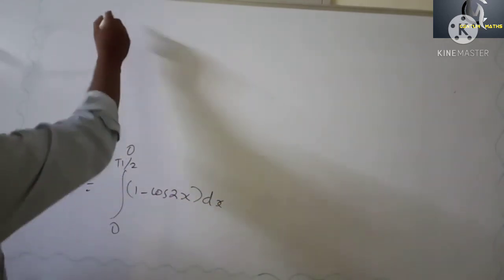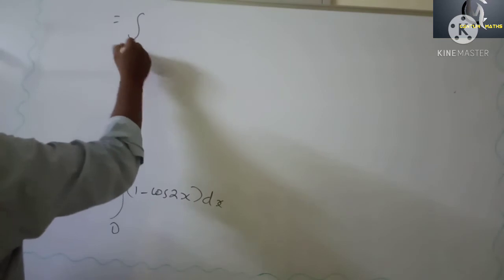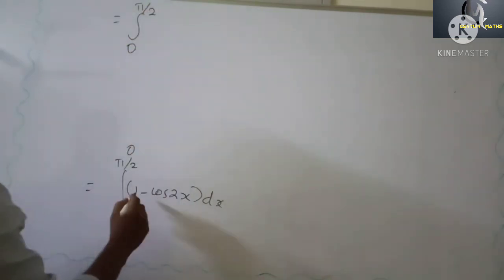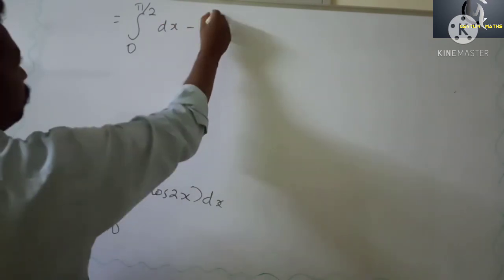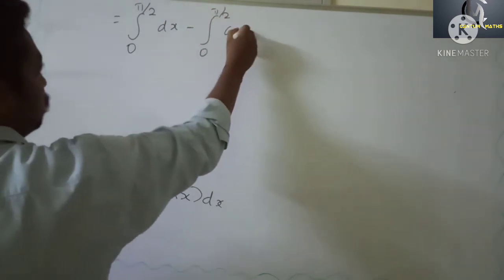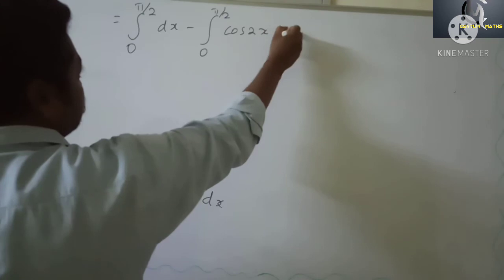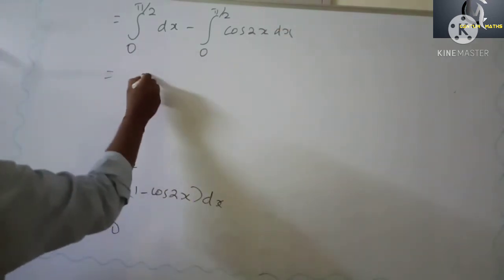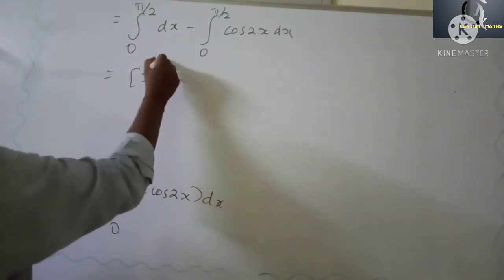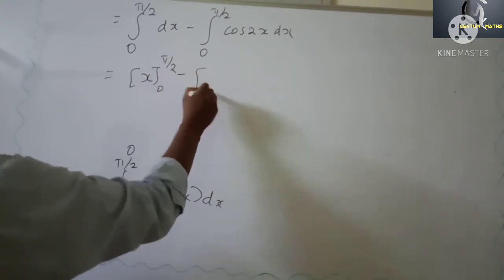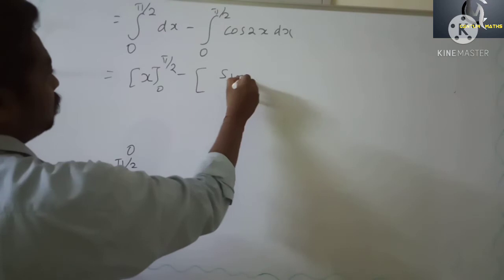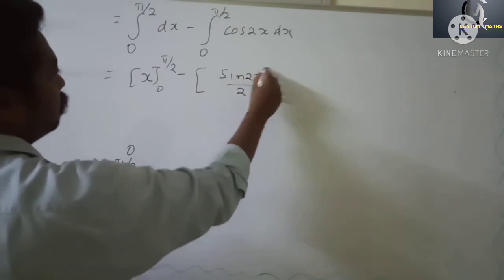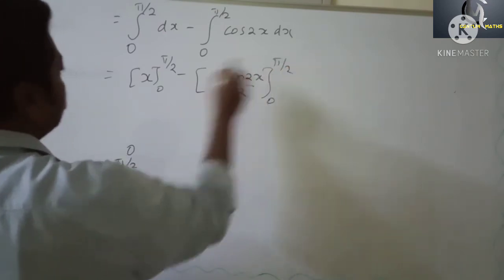dx. Okay, so this can be written as integral 0 to pi by 2 dx minus integral 0 to pi by 2 cos 2x dx, right? So the integral of dx is x from 0 to pi by 2, minus, what is the integral of cos 2x? Sin 2x by 2. So sin 2x by 2 from 0 to pi by 2.